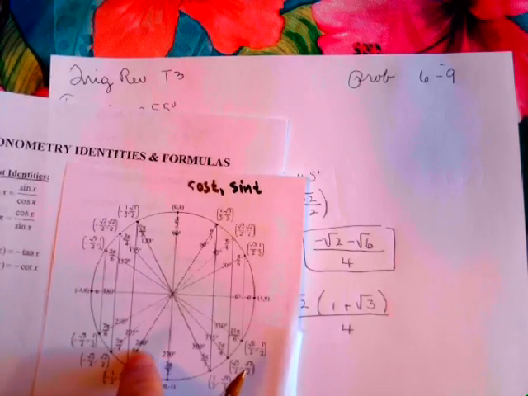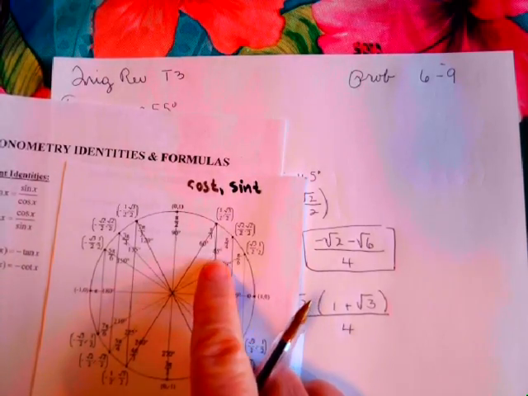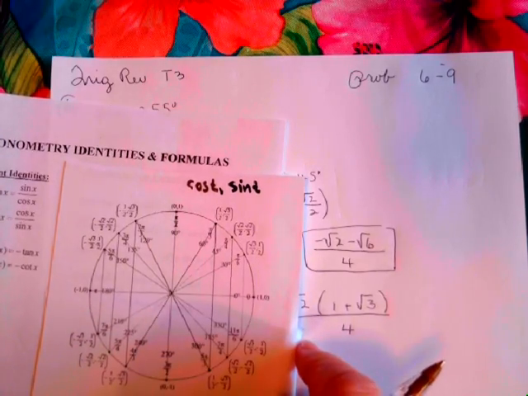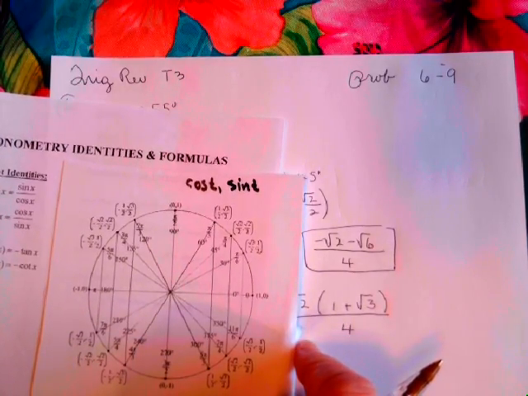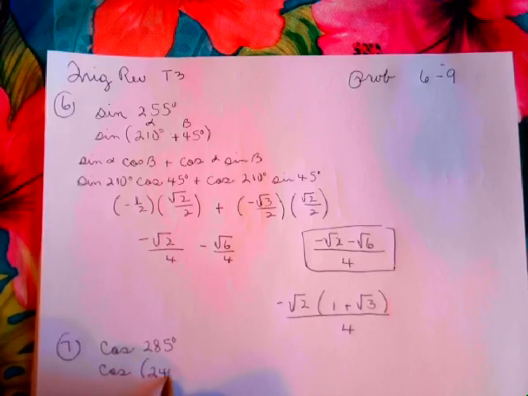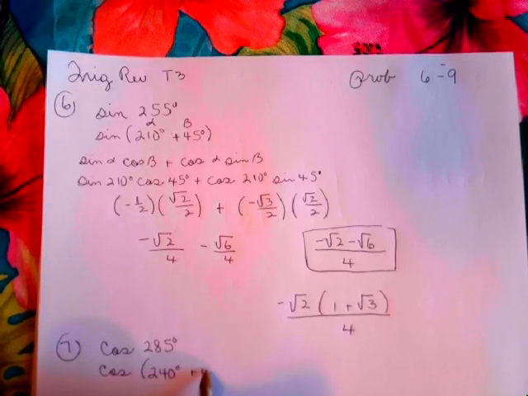So I see 240 and I see 45. When I add those together, I get 285. So cosine of 240 degrees plus 45 degrees.